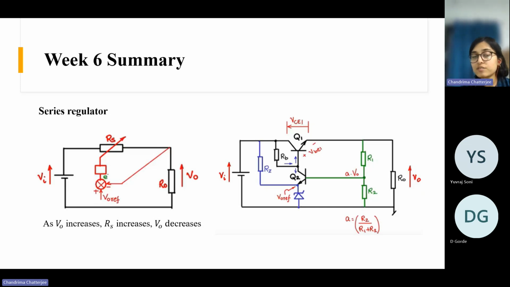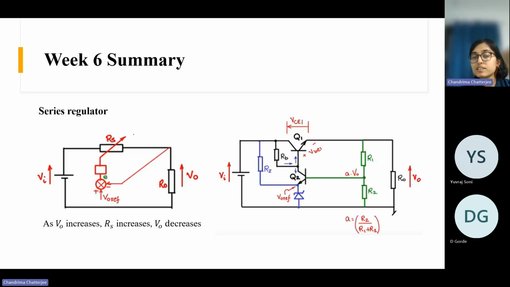So obviously the error will increase. The error is the difference of VO reference and this output voltage. So if this is a constant value and if your VO value increases, so the error will decrease, right? The error will decrease. If the error decreases, then it will increase this resistance value.